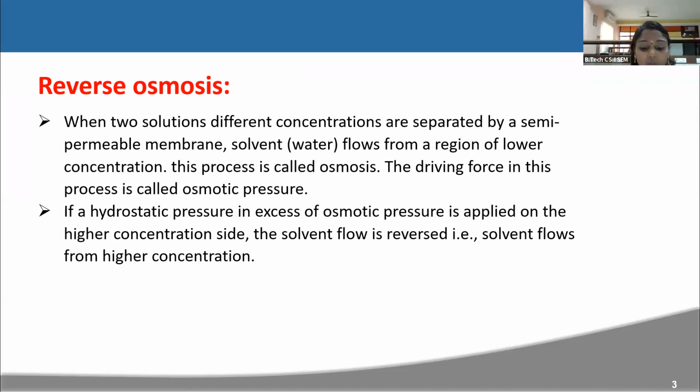The water moves from the lower concentration to the higher concentration side. This is the natural process. This happens with a minimum pressure, which we call osmotic pressure.